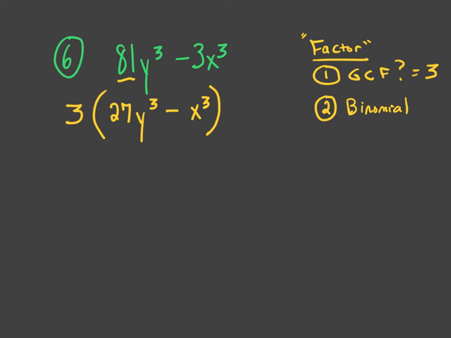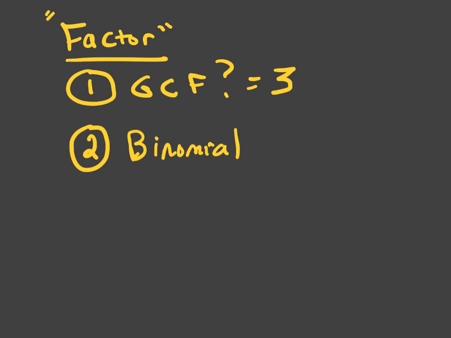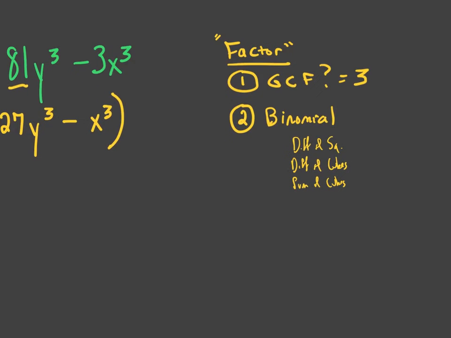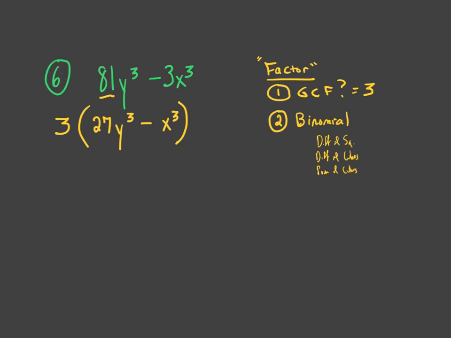Remember those 3 ways that you can factor a binomial: difference of squares, difference of cubes, and then sum of cubes. Definitely not sum of anything, because we've got a minus in the middle there. So not sum of cubes, but it could be difference of squares or difference of cubes.